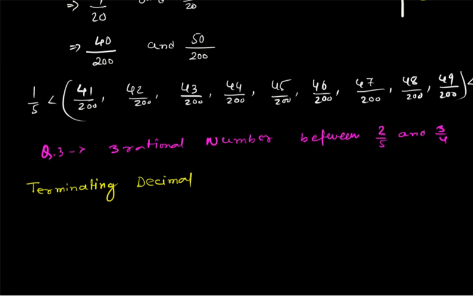For terminating decimals, examples are 2.23, or minus 4.56, or even 9.87965, and so on. It can have 30, 40, 50, 60, 90 decimal places, but it must have an end. You should have an end of the decimal representation. So that's the terminating number.